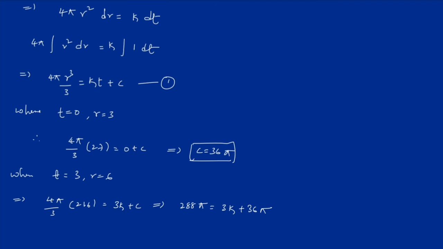Taking 36 pi to the LHS and subtracting, we get 3k equals 252 pi, which implies finally k equals 84 pi.